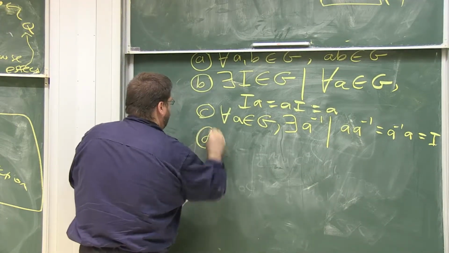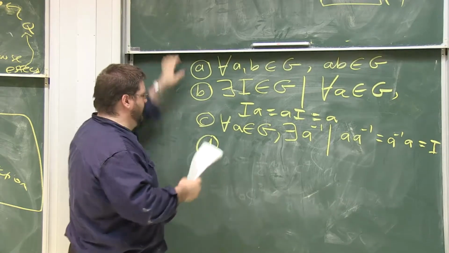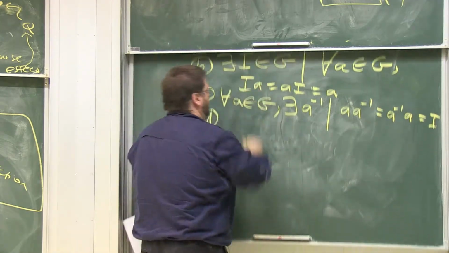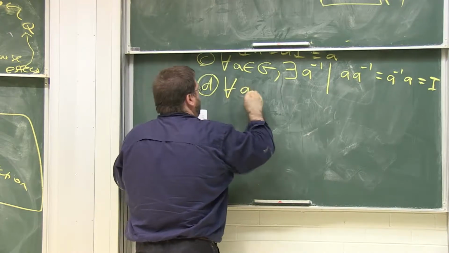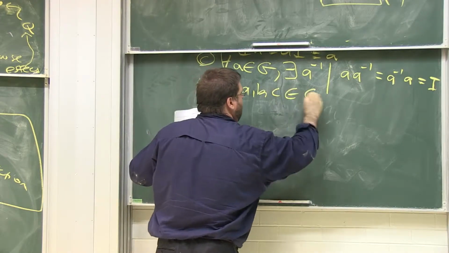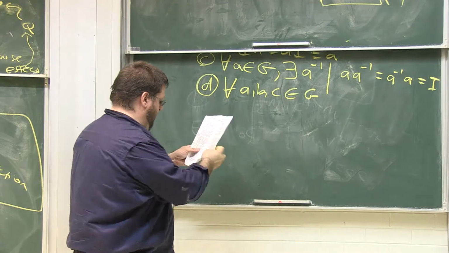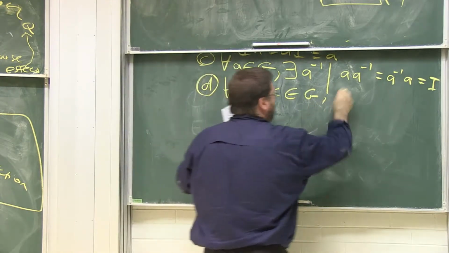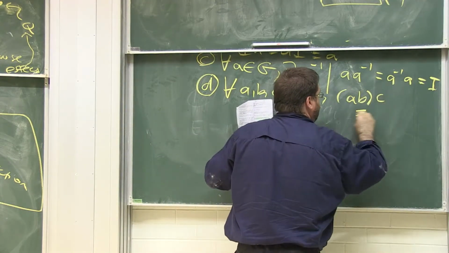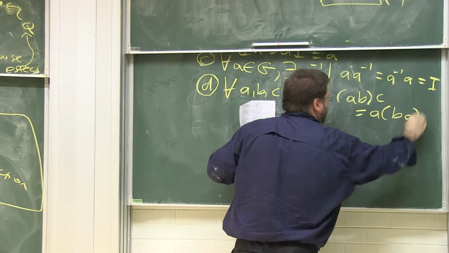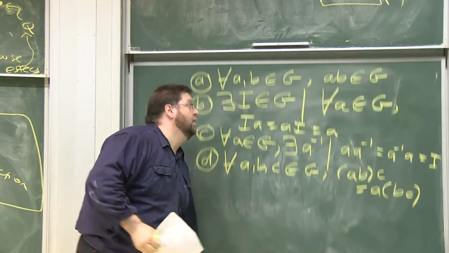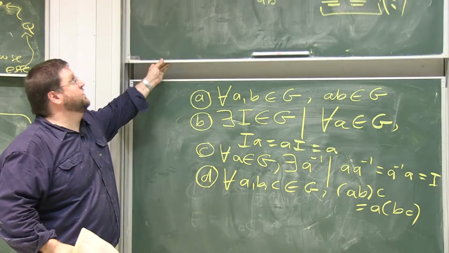And the 4th axiom we're going to need is associativity. For all A, B, C in the group, what you want is this to hold. Matrix multiplication, by the way, is associative.